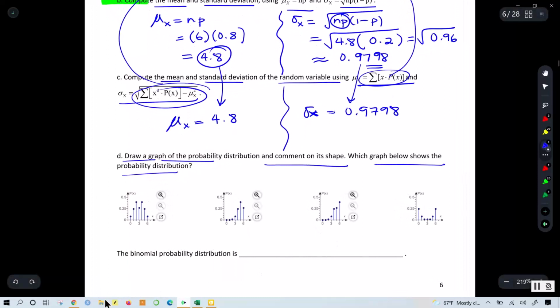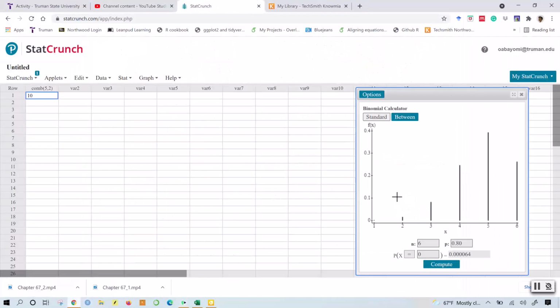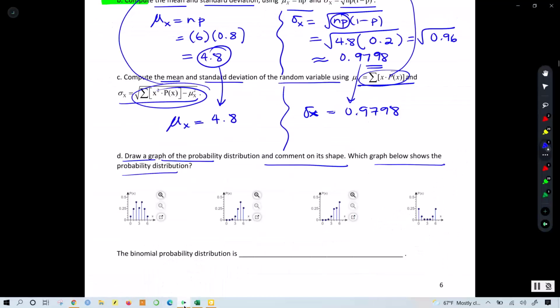So let's go back to StatCrunch. And here we are in StatCrunch. We have the parameters here, 6 and 0.8. And we can see that this appears to have a longer tail to the left and the hump is to the right. So which of the options given looks like that? Definitely not the first one. Definitely not the last one.